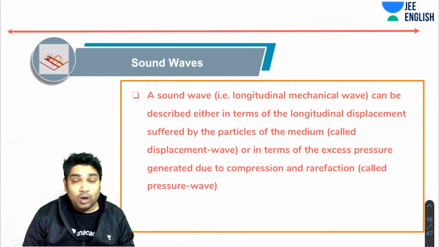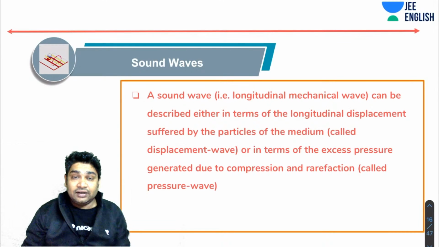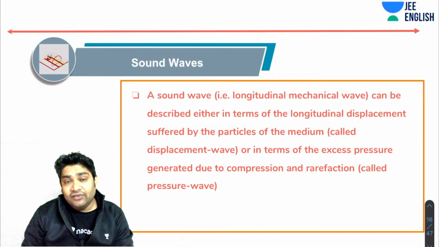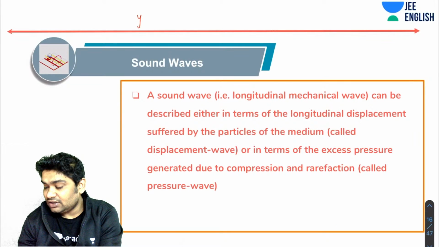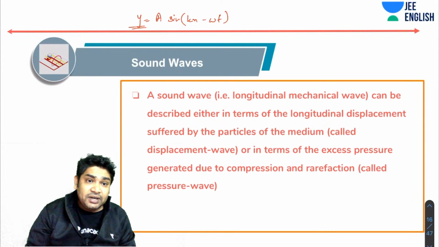In all longitudinal waves you have regions of compressions and rarefactions. When describing the wave equation, we usually write y = A sin(kx - ωt), where y represents the actual displacement of the medium particles.